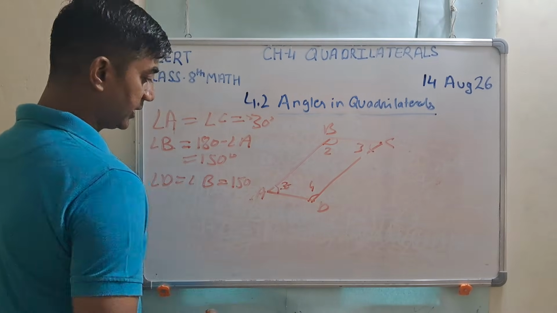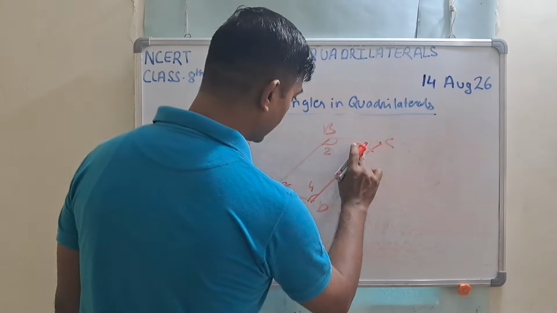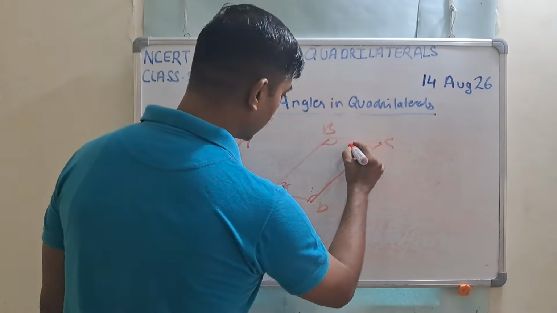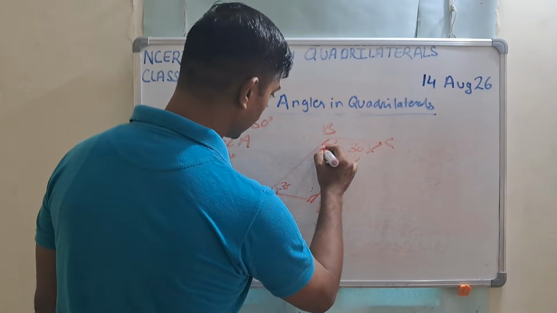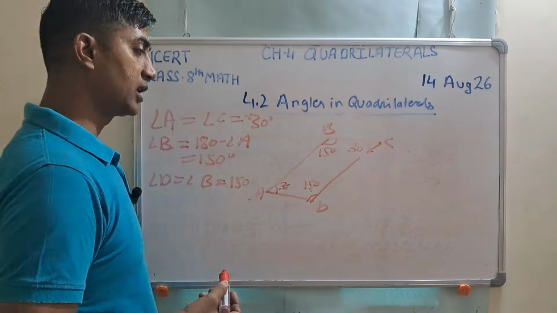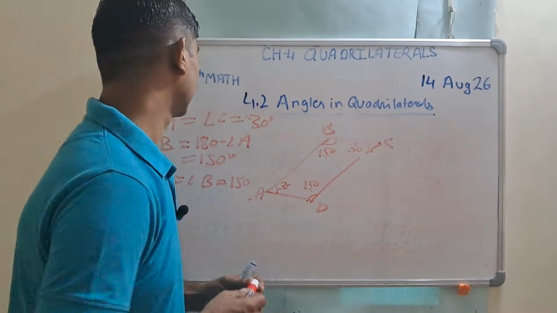So when one angle is given, we can find out the other angles also. This is 30, this is 150 and this is 150. In this way, if one angle is given in a parallelogram, we are able to find out the other angles.